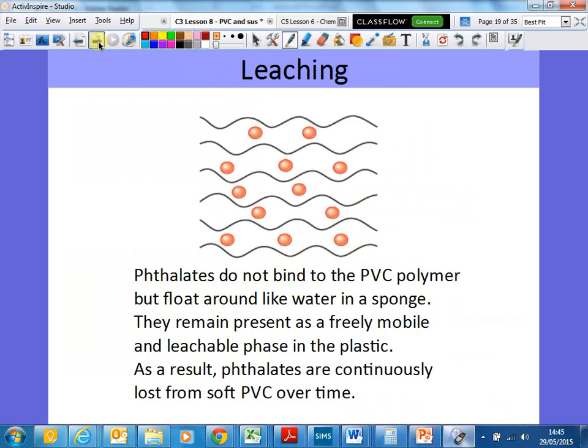So if that's the case, if we compare then a plastic to a sponge takes up water, but the water is not bound to the sponge. You can squeeze it out. What then happens if you squeeze a plastic? Does the plasticizer come out? It might not stream out like your water from a sponge, but it does come out.